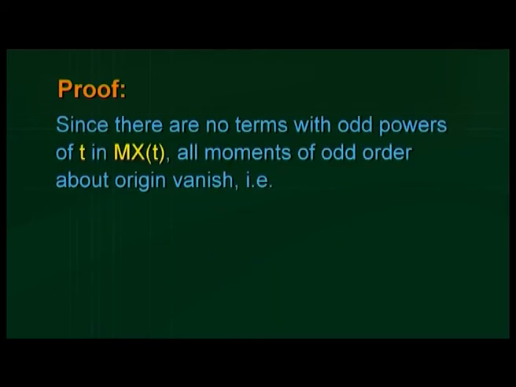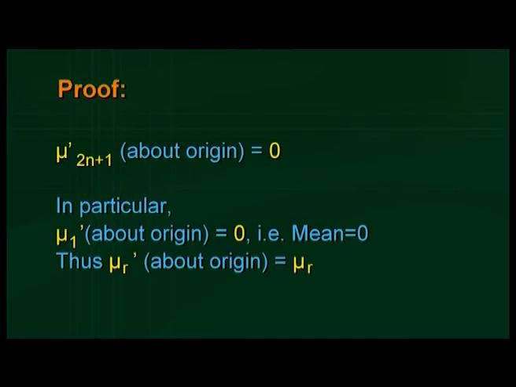Since there are no terms with odd powers of t in M_x(t), all moments of odd order about origin vanish. That is, μ'_(2n+1) about origin is equal to 0. In particular, μ'_1 about origin is equal to 0. That is, mean is equal to 0.